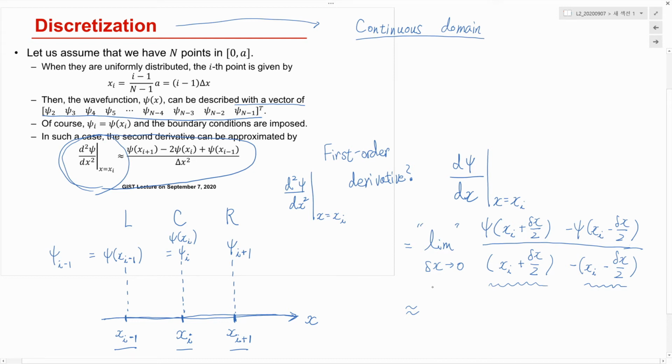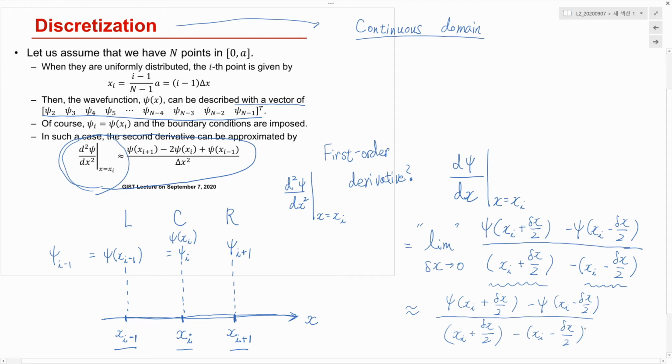However, since we have sufficient resolution, even with this discretized system, we argue that this ratio, xi plus half delta x minus xi minus half delta x, and psi at xi plus half delta x minus psi at xi minus half delta x, is nothing but the definition of differentiation without the limiting case.